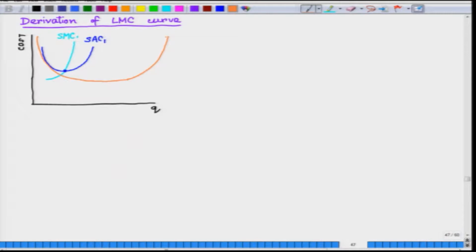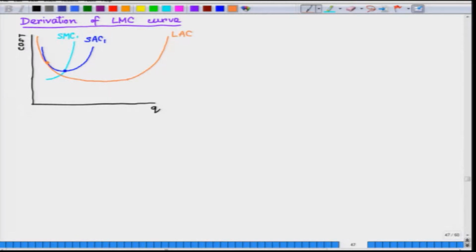So, the long run average cost will be something like this, an outer envelope of the short run average cost curves. So, every short run average cost curve will make tangency to this long run average cost curve at a particular point. It may not necessarily be the minimum point of the short run average cost curve.